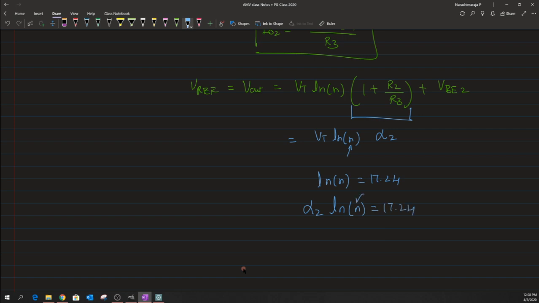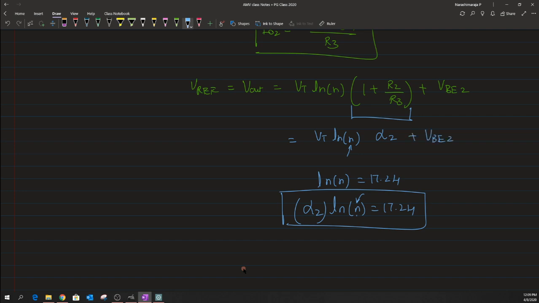So now if I choose a small value of N, the remaining quantity can be imposed on this alpha 2 factor, and that is what we have done with this circuit, such that the value of N that I can choose can be small in this case, right.